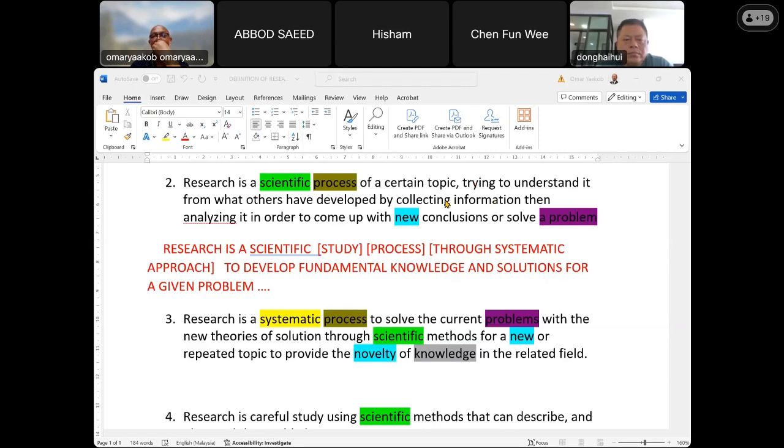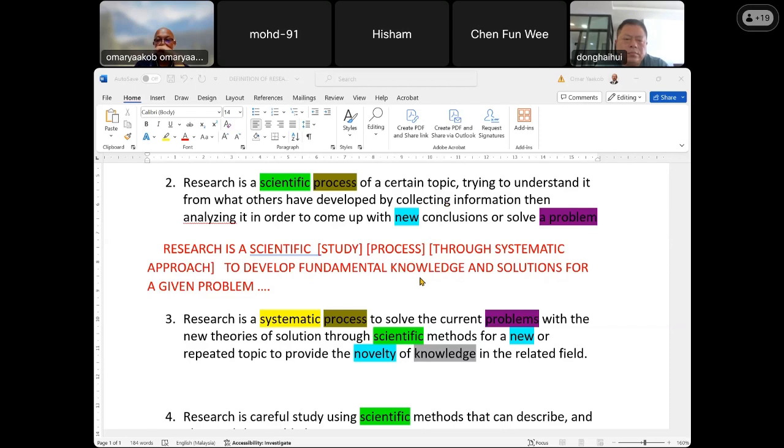Now, Doctor, is it okay? Hanif, okay. So for me, I think I can agree with Chen's idea to develop. The word develop itself is good because we are based on something that's already there, and then we try to develop a new fundamental knowledge.